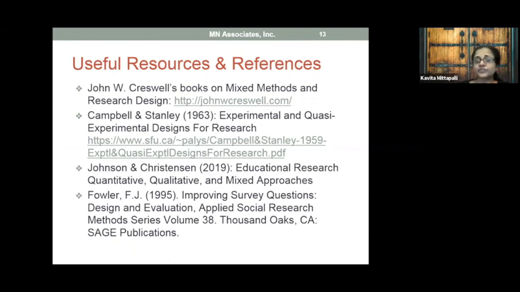Johnson and Christensen have a new book out as of 2019. They also very similarly talk about the research designs as Creswell does, and it's a little bit more advanced, because Johnson and Christensen is used more often in PhD-level courses, while Creswell is used more in master's courses.